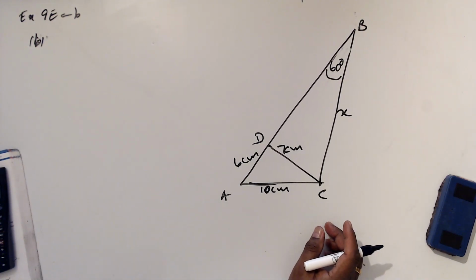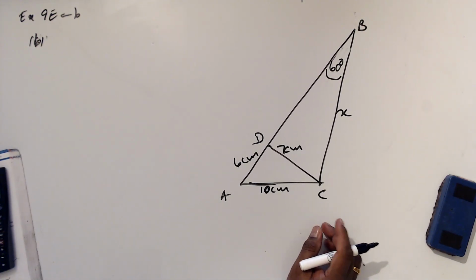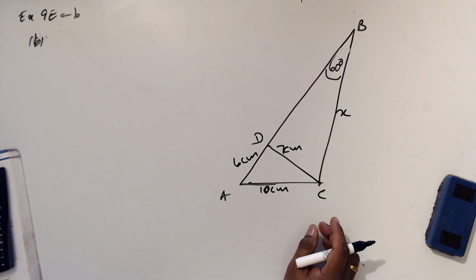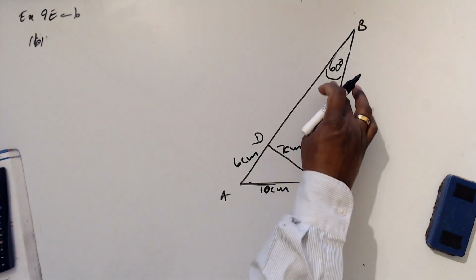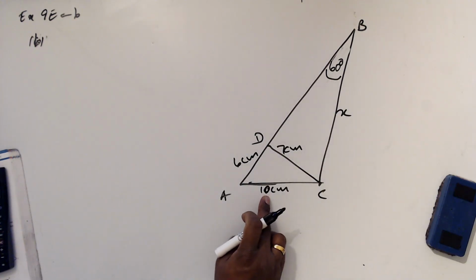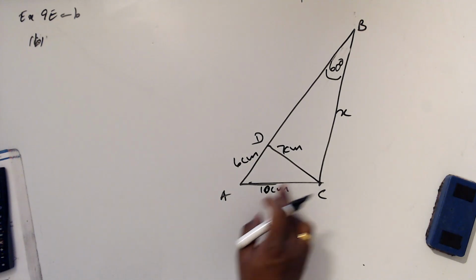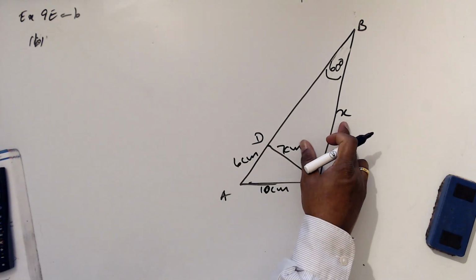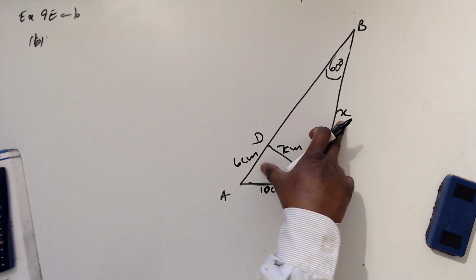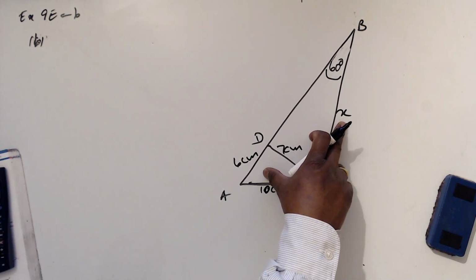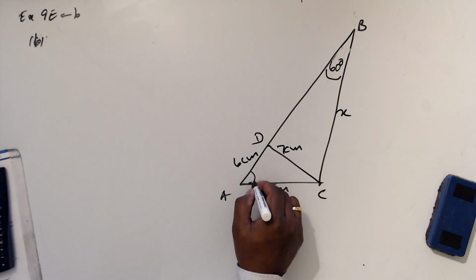Part B. When I look at this, I can see that from the big triangle, this is 60 and this is 10. I know this, so this is good for sine, and I want to find x. Then if I know this angle, I can put sine rule. Do I know this angle?